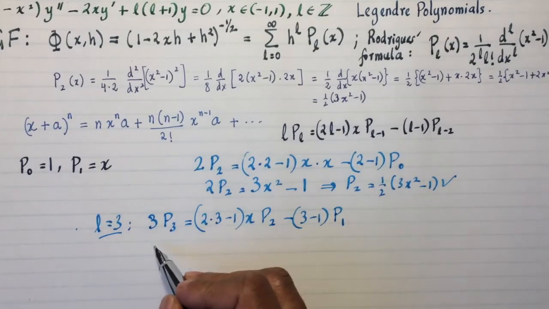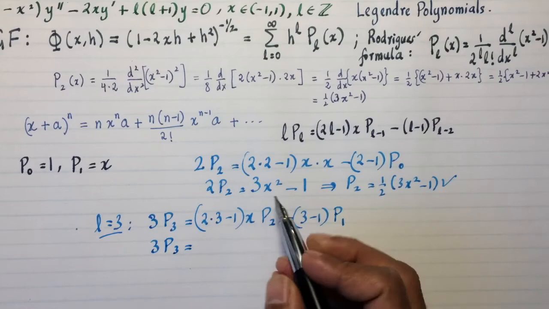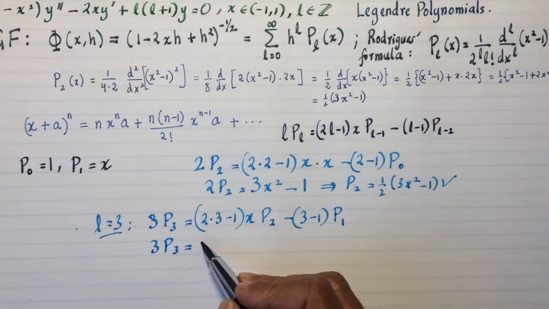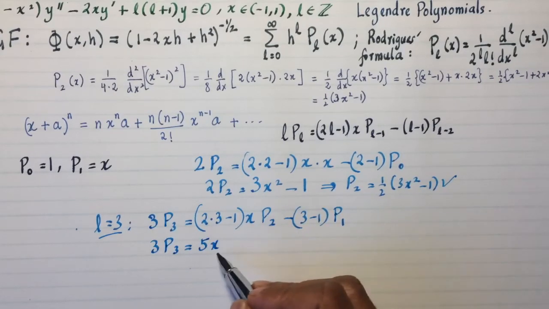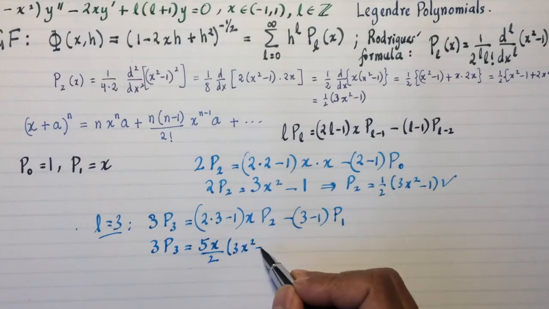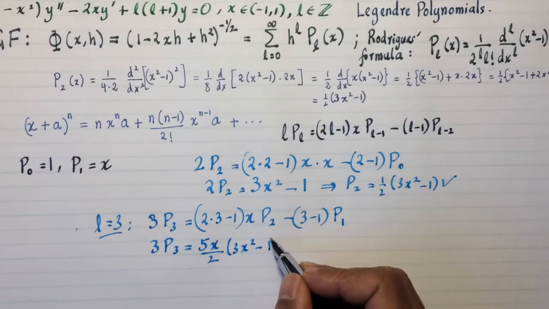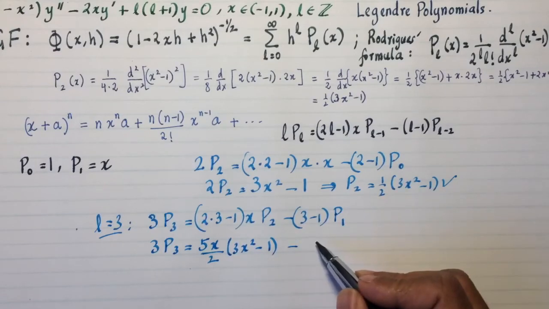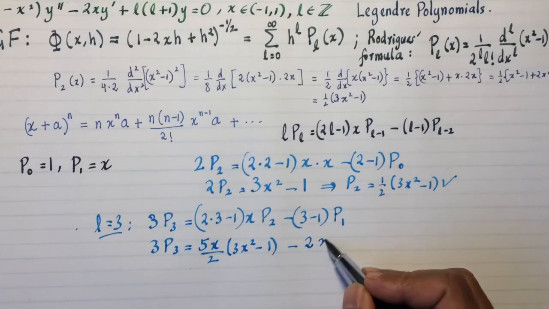So now I'm going to get 3 times P3 is equal to 5x times P2, and P2 is all of this, minus 2 times P1, which is x.